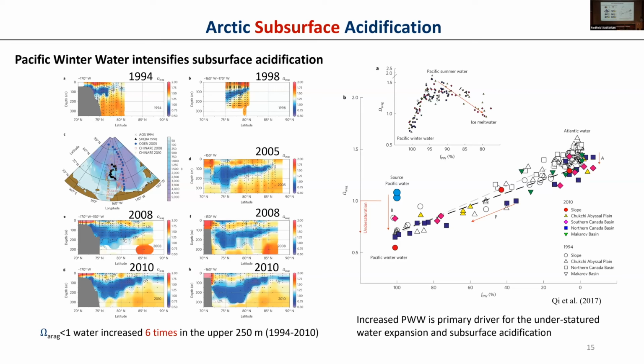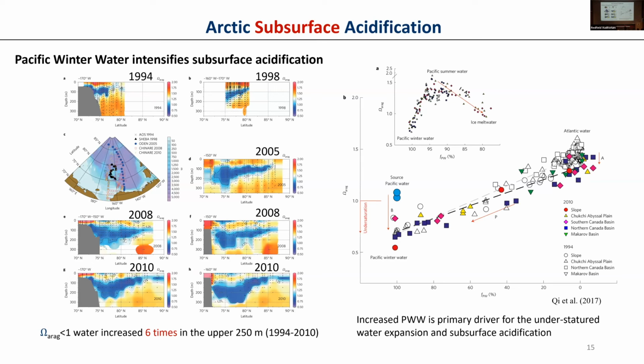And that is because of the increase of the Pacific winter water intrusion to the deeper and further northward. And we noticed there is a linear relationship between the fraction of the Pacific winter water and the omega.